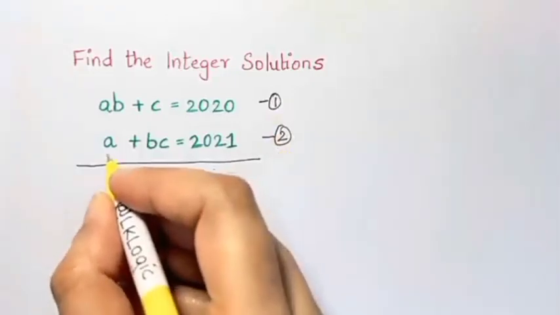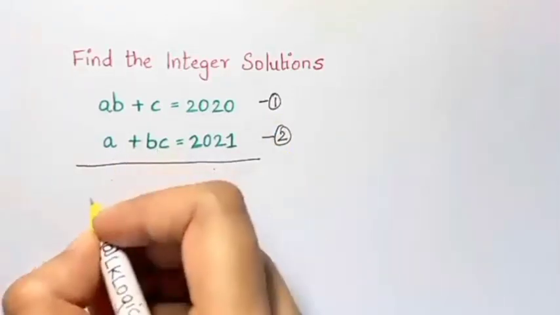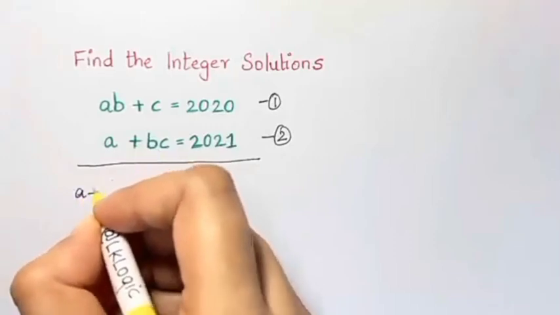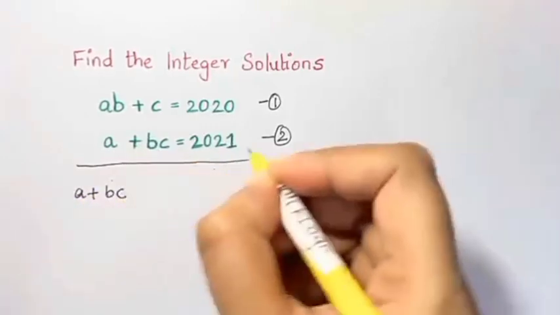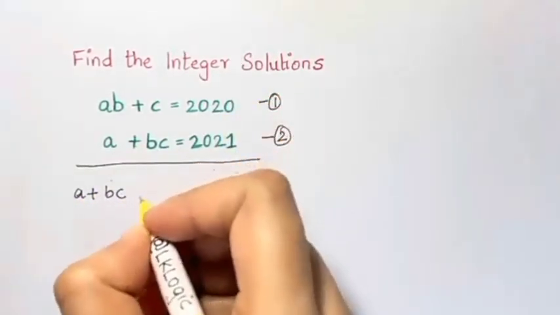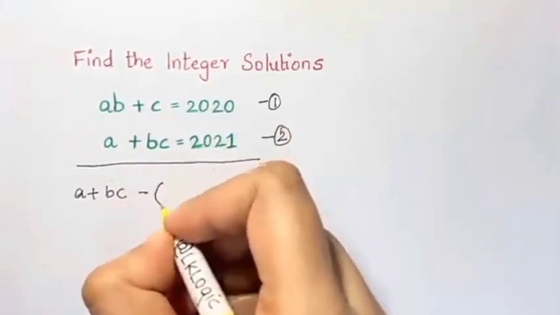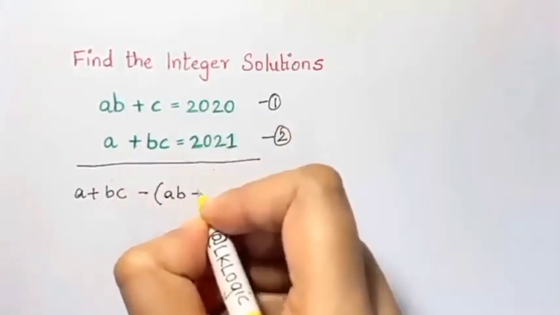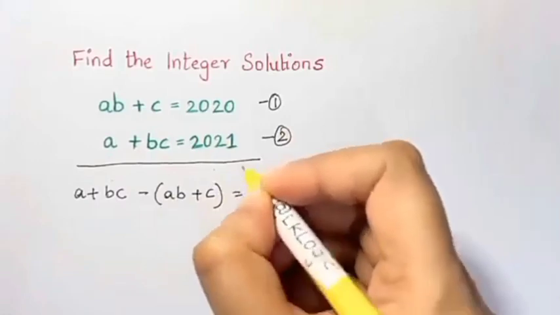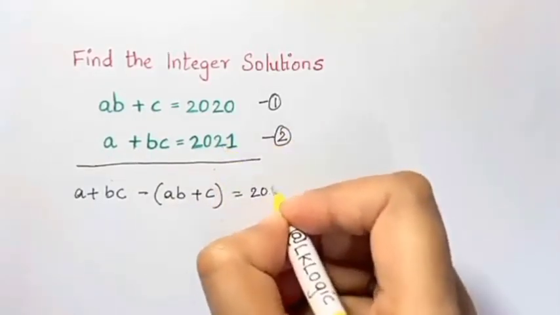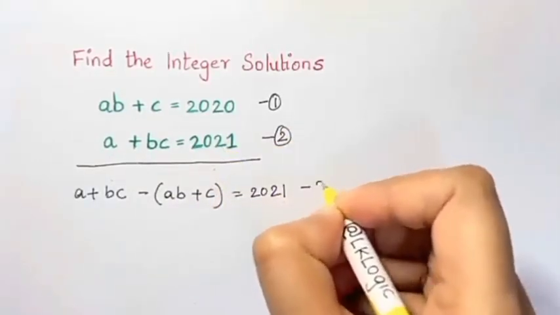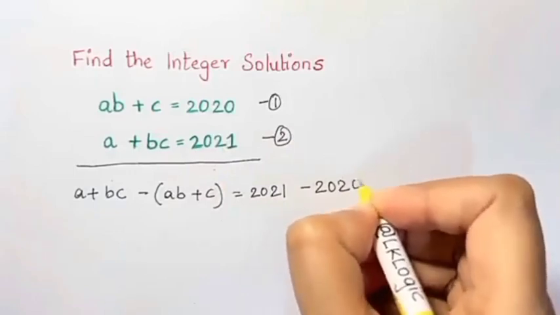So we have A plus BC, and then we are subtracting equation 1 from that. So minus AB plus C is equal to 2021 minus 2020.